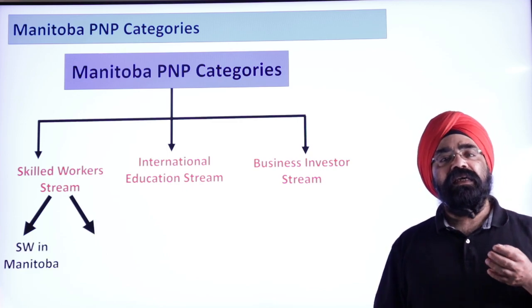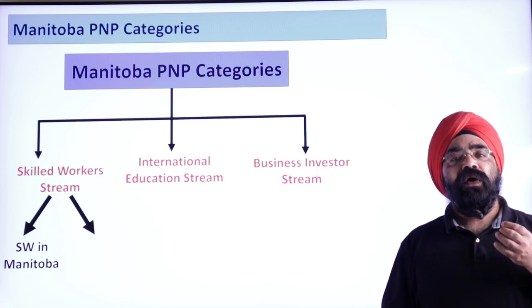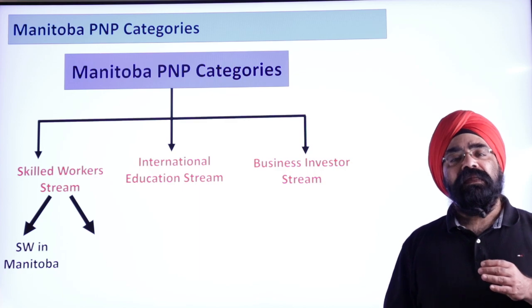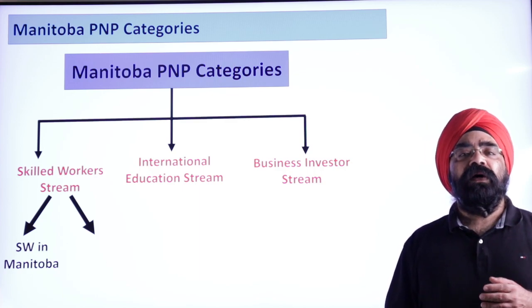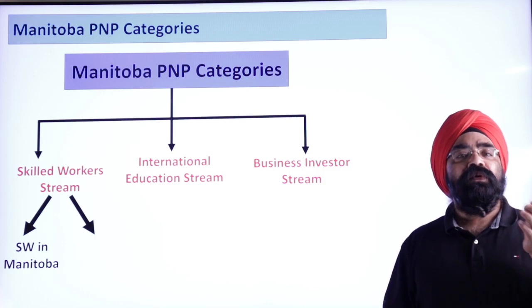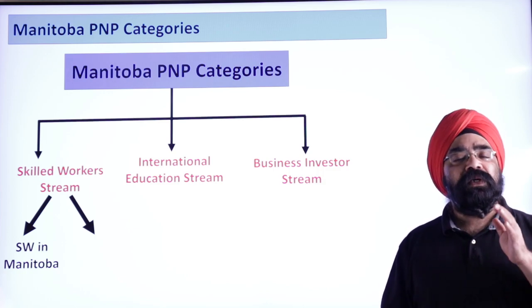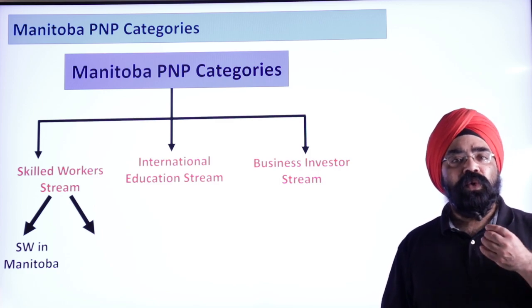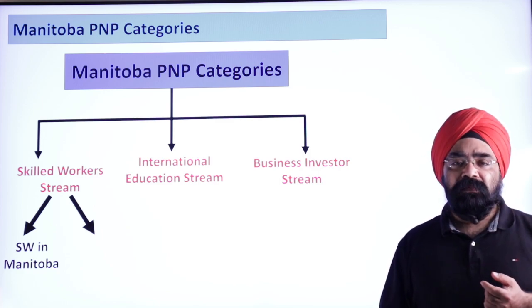One category is for those people who are already working in Manitoba. They are doing jobs in Manitoba, they have regular employment there, whether on LMIA or without LMIA, whatever the process, but they have the job in Manitoba by a Manitoba employer. So that is skilled workers in Manitoba.